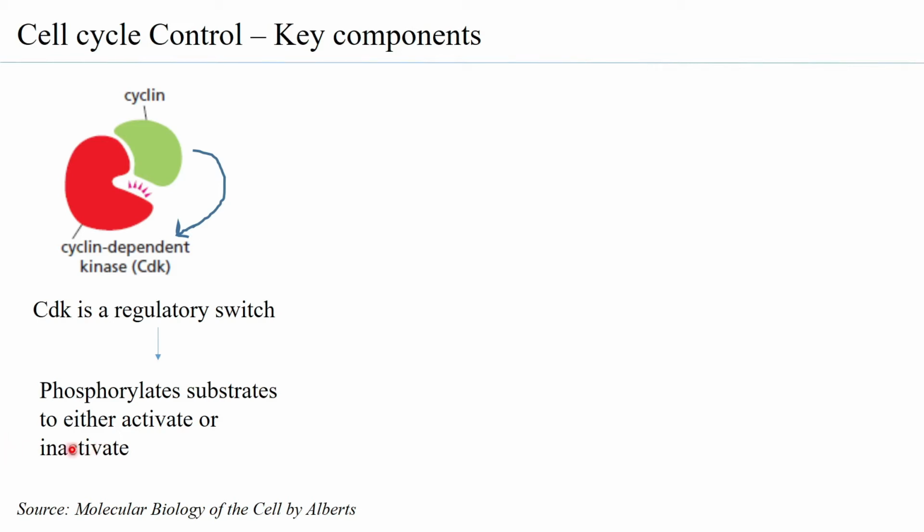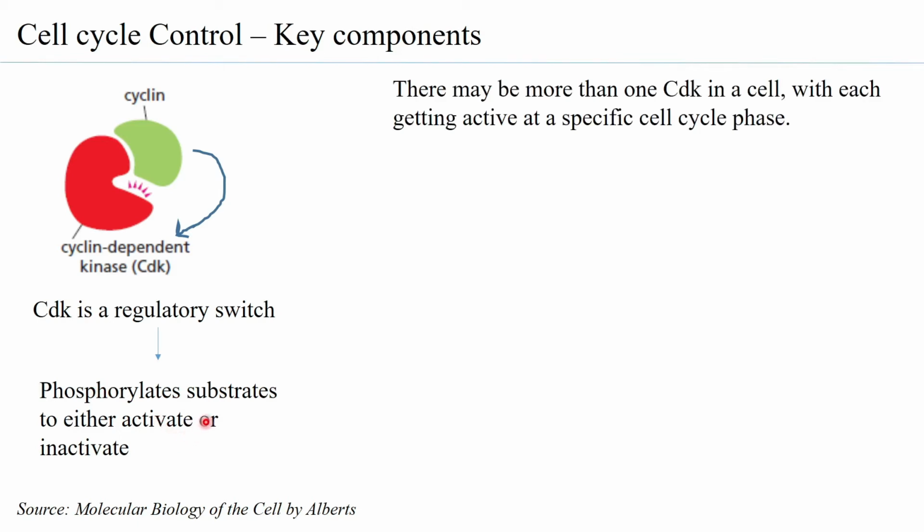So again, here the CDK itself is a binary switch, activating or inactivating a molecule. Now, what could be the scenario? The scenario could be that there may be more than one cyclin dependent kinase.